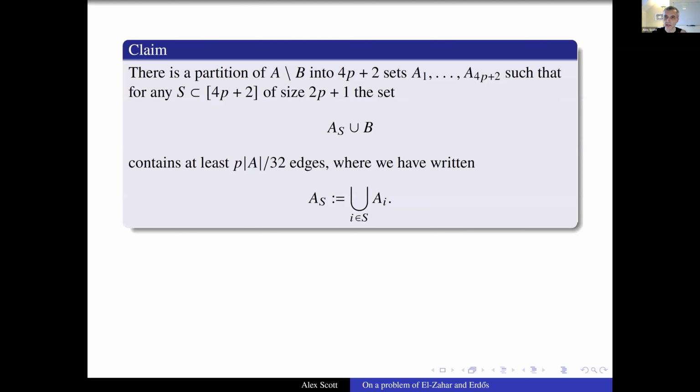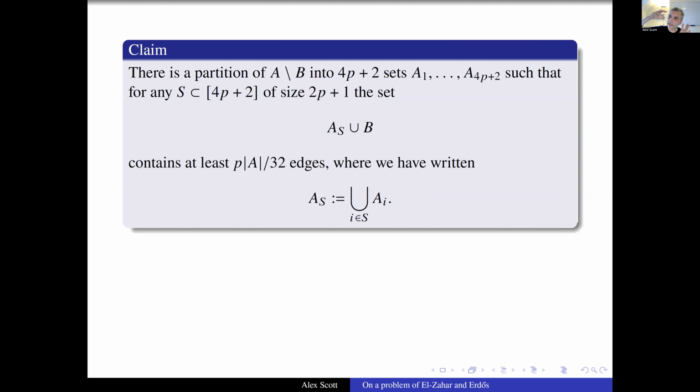So whichever half of the sets I take, and throw in B as well, I get a subgraph with large average degree. And in particular, I get a subgraph that's going to contain something with a large minimal degree. So it's good for my dense case.